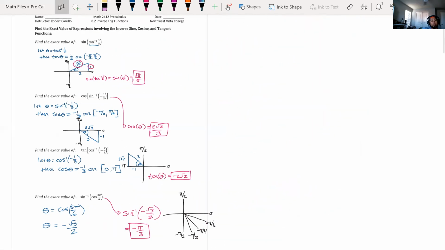Definitely different. Yeah, that one's kind of weird. That one just says calculate the value inside. No triangles needed because it wasn't an inverse on the inside, right? So you just go to your regular unit circle, find the cosine of 5 pi over 6, and then you'll get the inverse sine of negative square root 3 over 2, which then you'll reference your inverse unit circles and output a radian value.